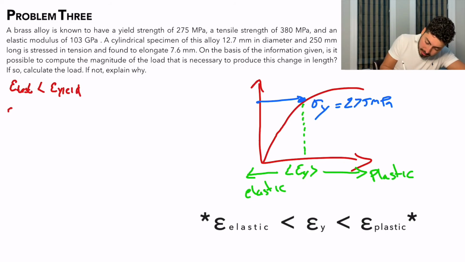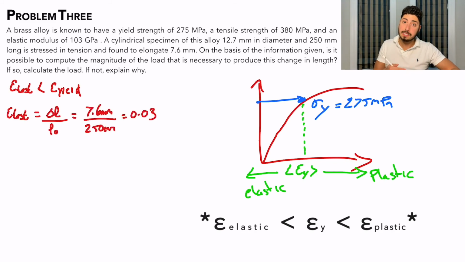So our strain at our test condition is equal to our change in length, or our elongation, divided by the initial length. We're given the elongation of 7.6 millimeters and the initial length of 250 millimeters, and therefore we get a strain of 0.03. The last thing to do is calculate our strain at yielding. If we're to the left of the point of yielding, we are in the linear elastic region, and therefore we can use Hooke's law.